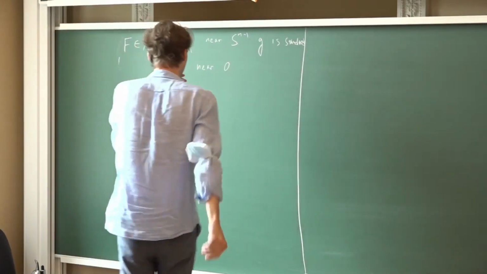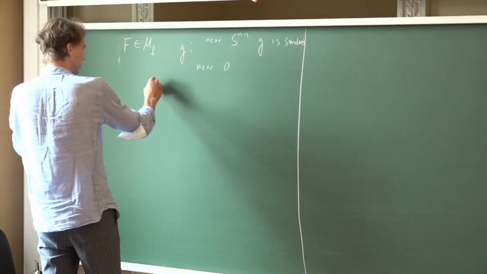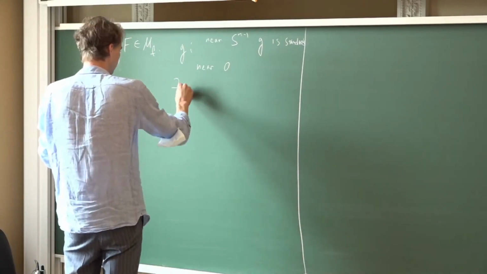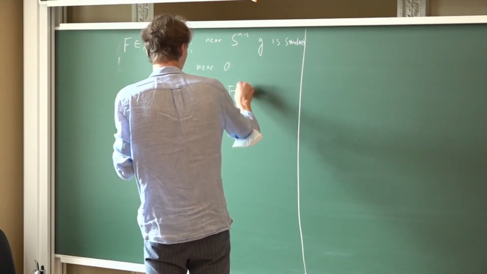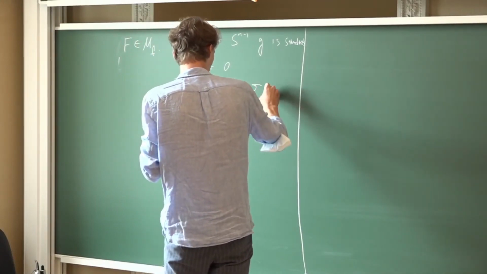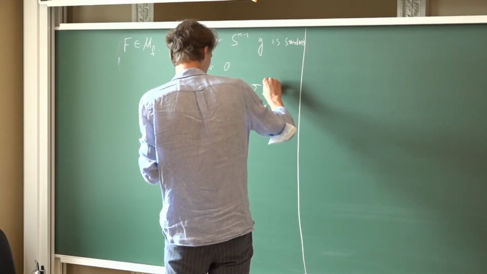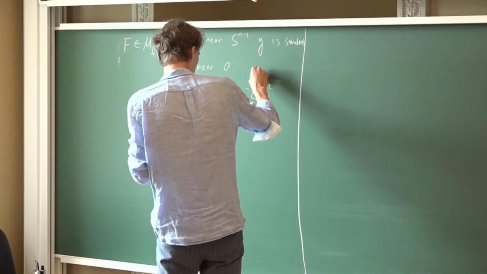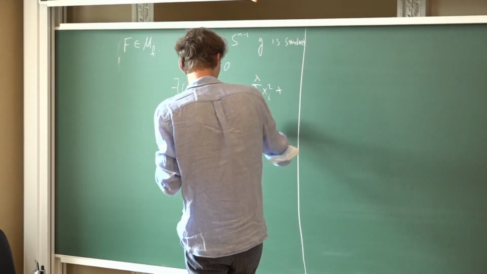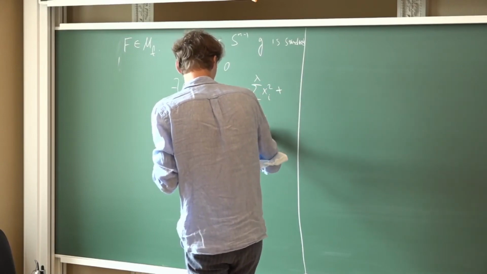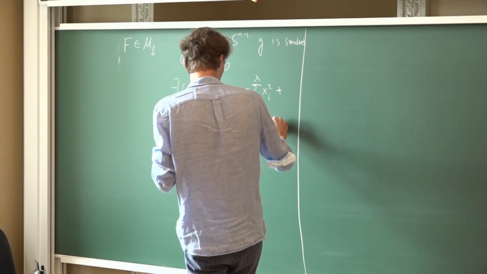Near the origin, as our function is Morse, there exist coordinates x1 to xn such that f is the following quadratic expression: first you have lambda negative squares, then the rest are positive squares, for i from lambda plus 1 to n.